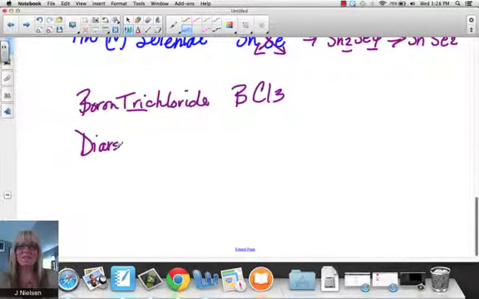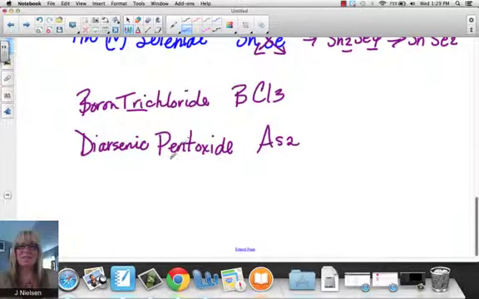Di-arsenic pentoxide. So you need to know what arsenic is. Arsenic is number 33, and it's As. So we have 2 arsenic, so it's As2. Pent is 5.